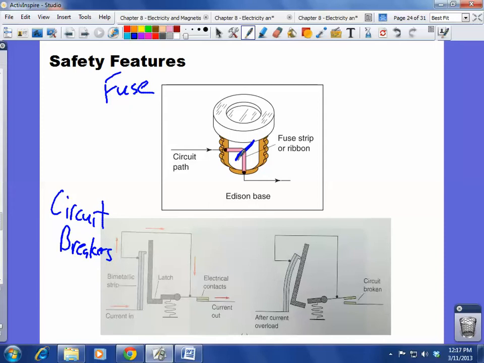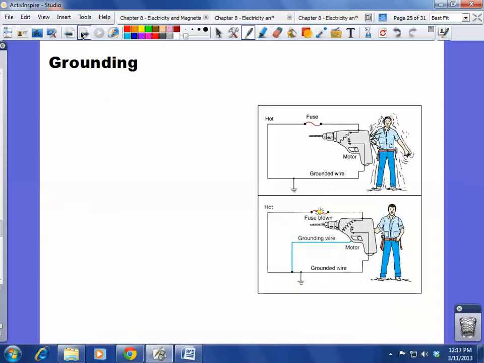Now, the other common safety feature that's a little bit different, that's in most electrical things, is some sort of grounding wire. Because something that all electricity is going to do is always take the path of least resistance. This is exactly why you don't want to stand under a tree in a lightning storm.